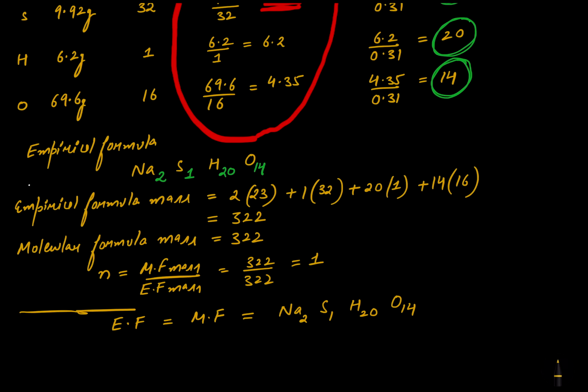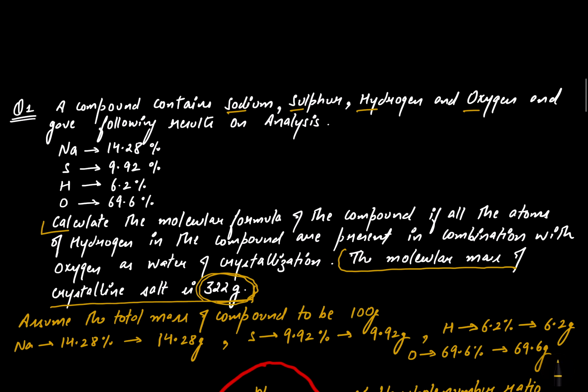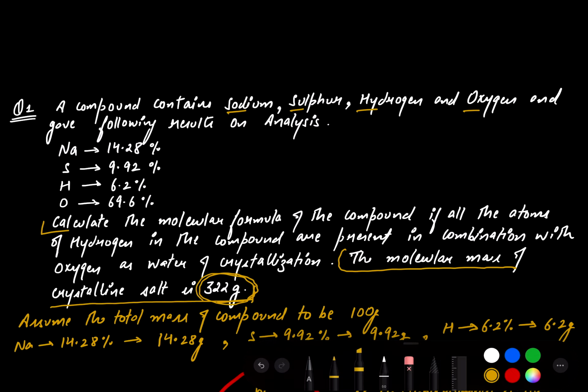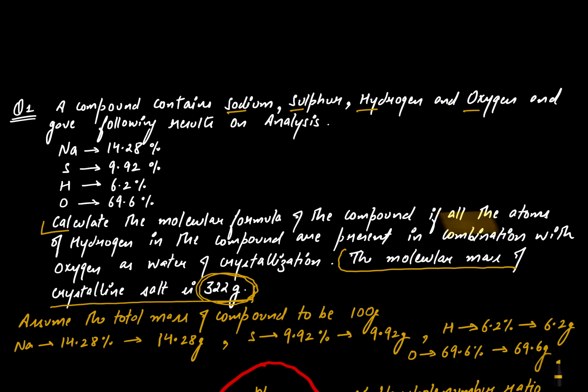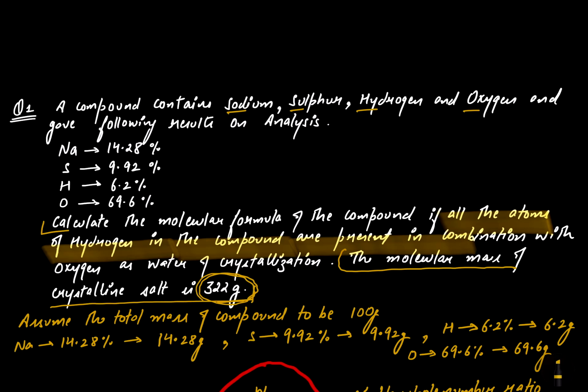Now let's come back to the question. What is the question saying? It is saying that all the atoms of hydrogen in the compound are present in combination with oxygen as water of crystallization.